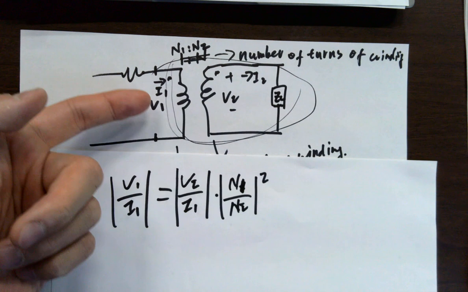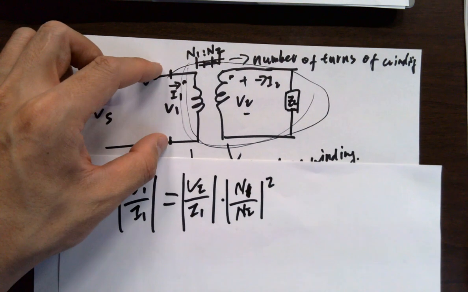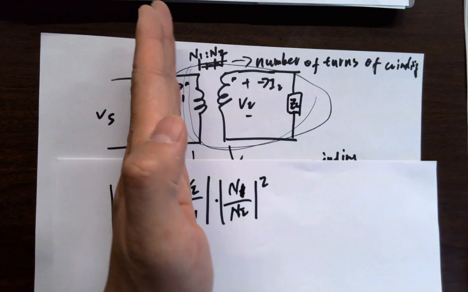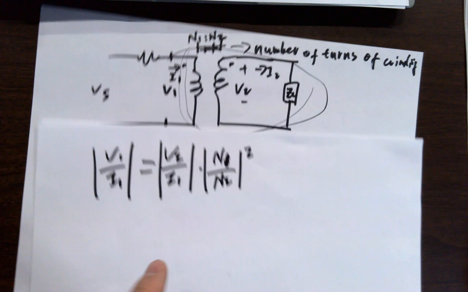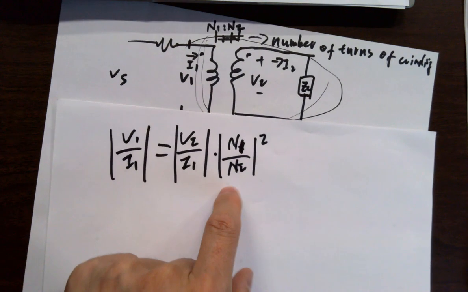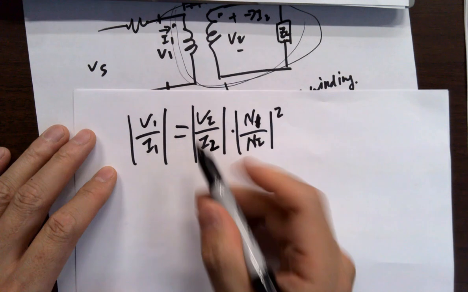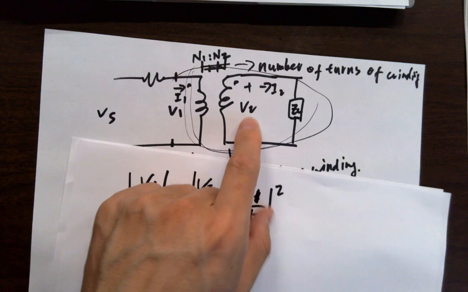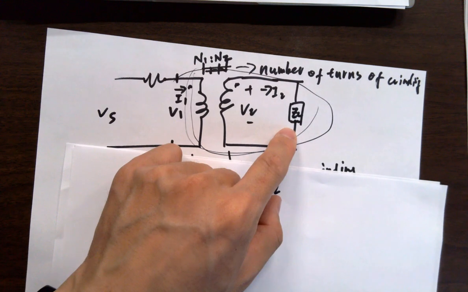But the thing is, when you are looking into V1, into the primary, the equivalent load of everything behind this line wouldn't be ZL. It's going to be this. So V2 over I2, V2 voltage, I2 current, is basically ZL.